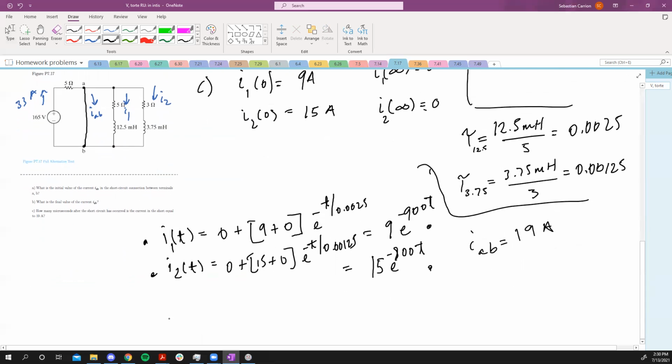So we formulate this with KCL: 9e to the negative 400t plus 15e to the negative 800t plus 19.